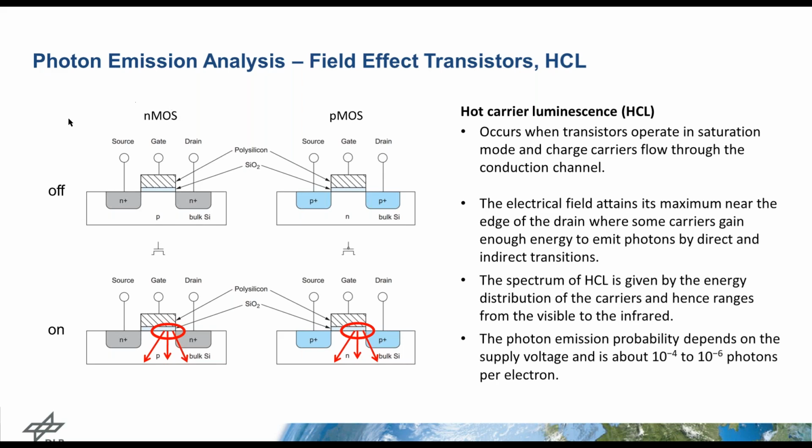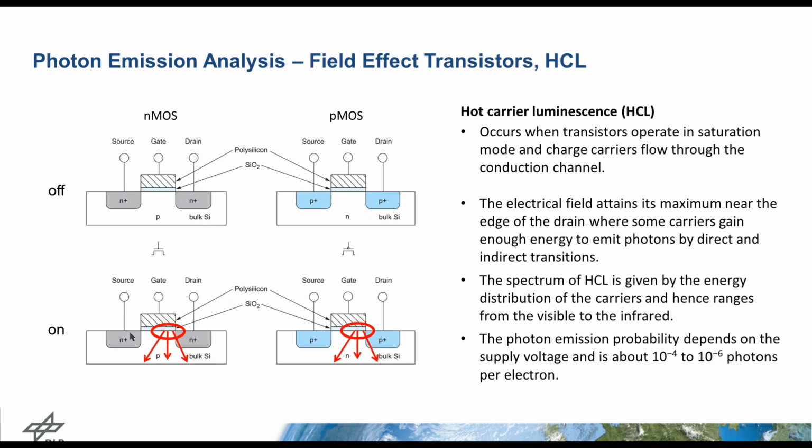So that means, you know that in integrated circuits we have PMOS and NMOS, from which all the logic gates are made. If they are switched off, there is no photon emission. If a transistor is switched on, as shown here, there is a current that flows from the source to the drain due to the supply voltage attached to the device.